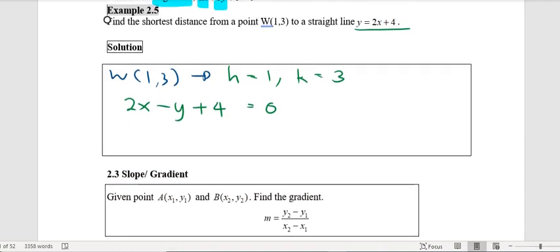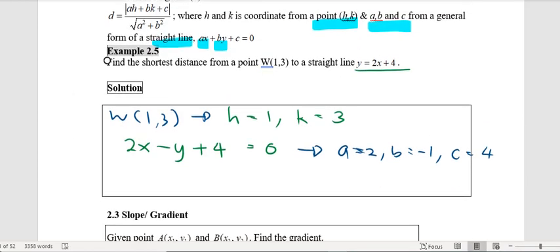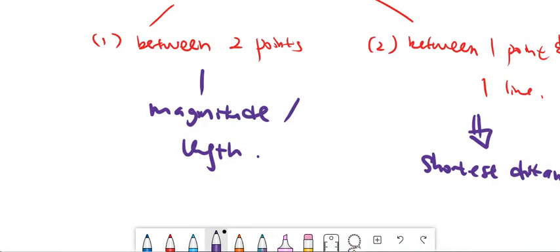From here you highlight a equals 2, b equals -1, c equals 4. So your d will be the absolute value of ah plus bk plus c, divide with square root of a squared plus b squared.